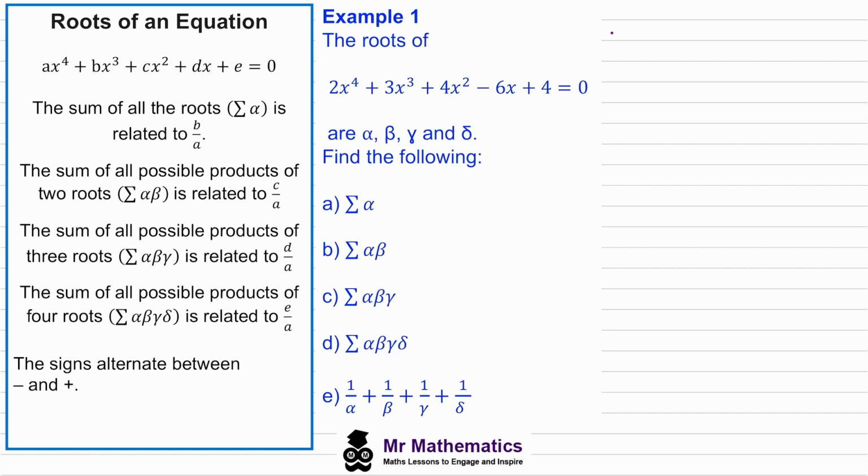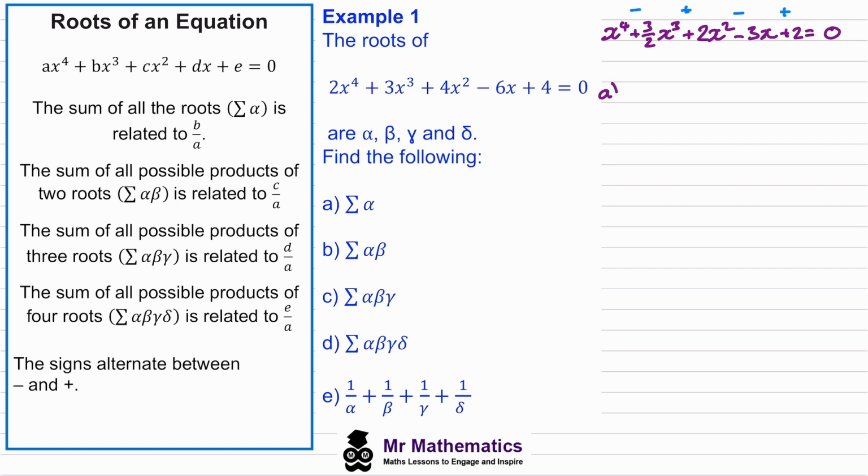So we'll have x to the 4 plus 3 over 2 x cubed plus 4 divided by 2 x squared minus 6 divided by 2 x plus 4 divided by 2. And when you divide 0 by 2, you get 0. And if I just include the signs, we've got the negative, positive, negative, and positive.